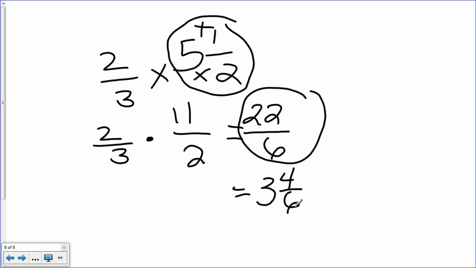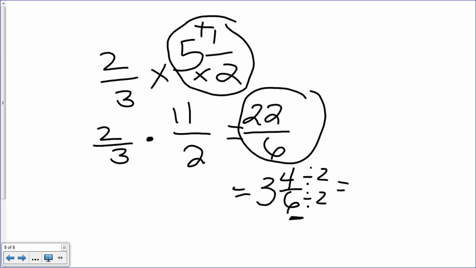All right, now I have to look at this fraction to make sure it's simplified all the way. And I can see that it's not. The greatest common factor between 4 and 6 is 2. So I'm going to take 4 and divide that by 2, and 6 and divide that by 2.